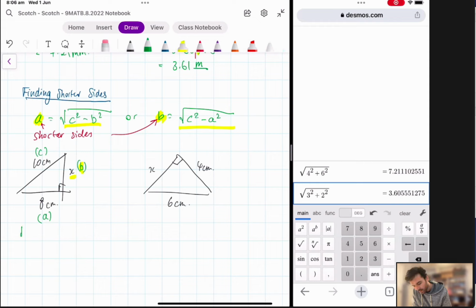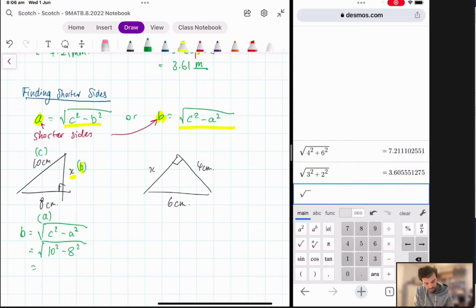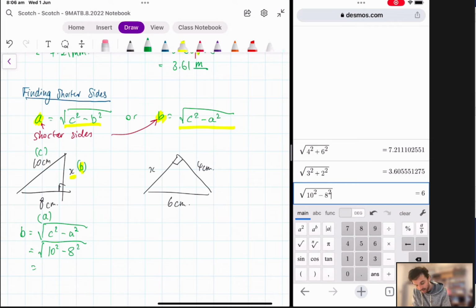B is equal to square root of C squared minus A squared. And then we sub in C is 10, so 10 squared minus 8 squared. Put that into our calculator, and out pops a clean 6. Now you can put 6.00 if you wish, or you can just write 6.